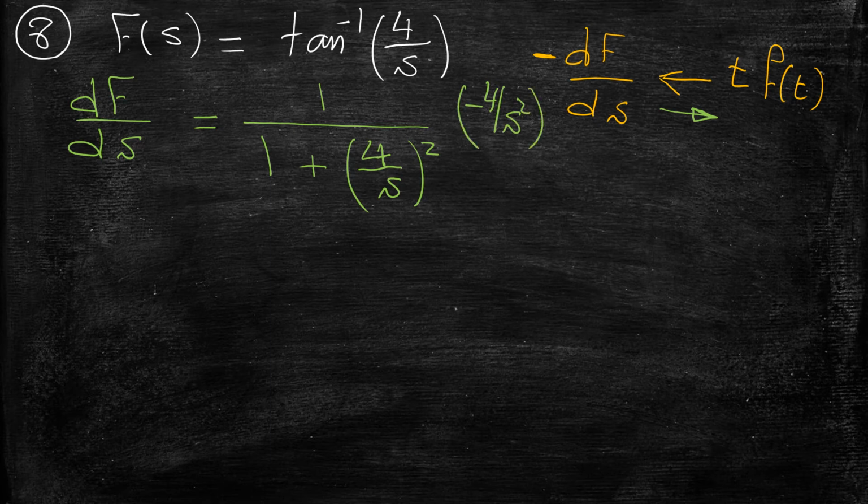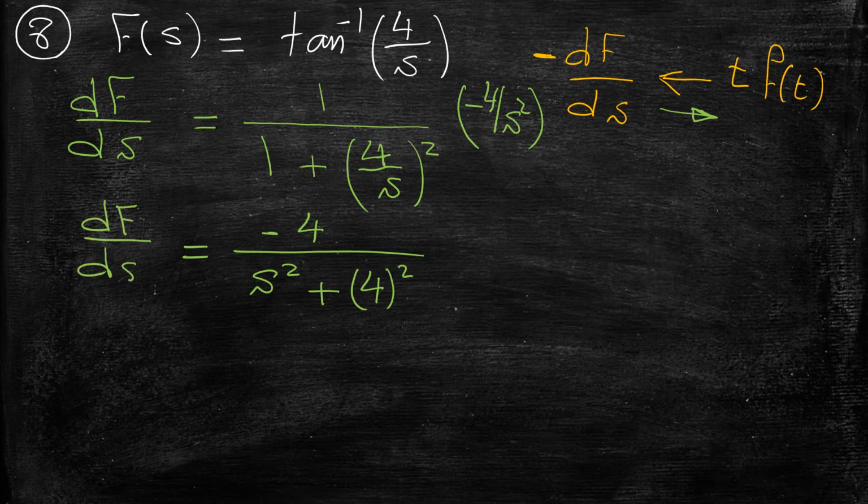For simplifying, I will multiply the numerator and denominator by s squared, so it will end up with minus 4 over s squared plus 4 squared. This is dF by dS. And if we add this minus sign here, this one will be positive 4 at the end.